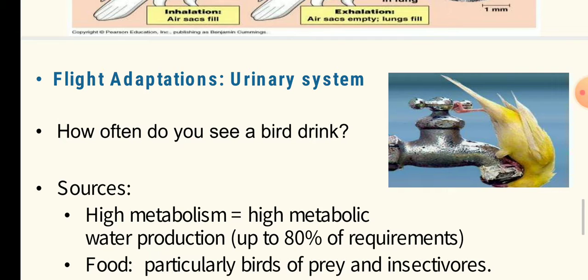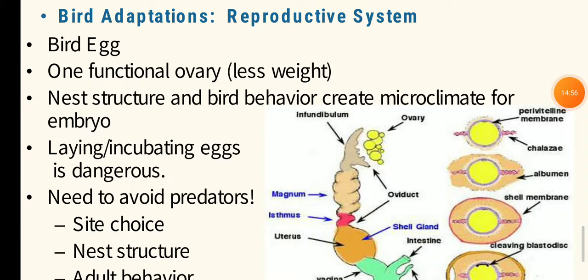And the third is that the metabolic nitrogenous waste is converted into less toxic and soluble organic compounds such as uric acid and urates, which is an important physiological adaptation.